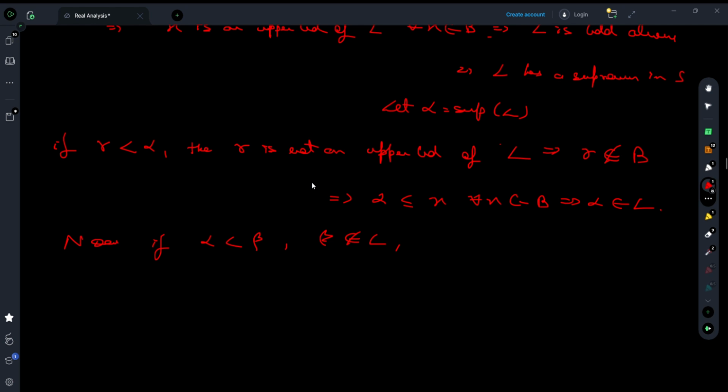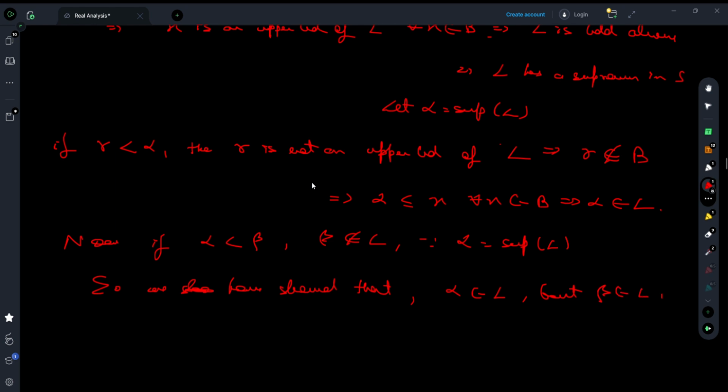Because there will always exist some element in B which might be less than beta or might be equal to beta, considering the hypothesis which we are carrying out in this proof. So that means beta will not be in L, since alpha is the supremum of L. Clear?